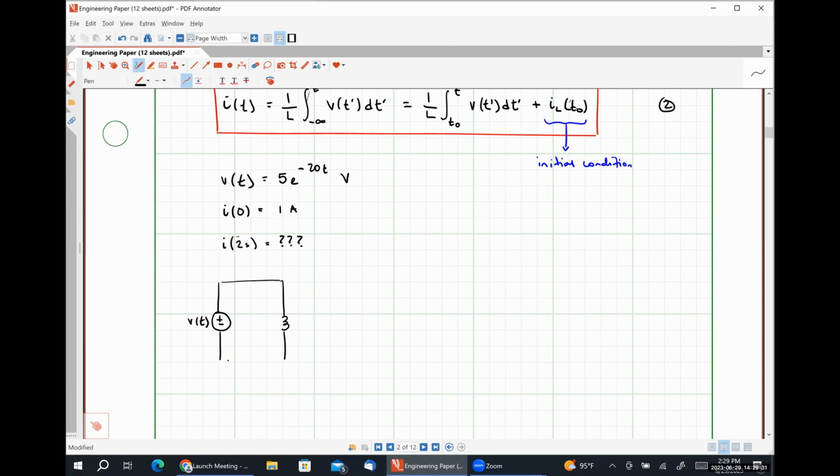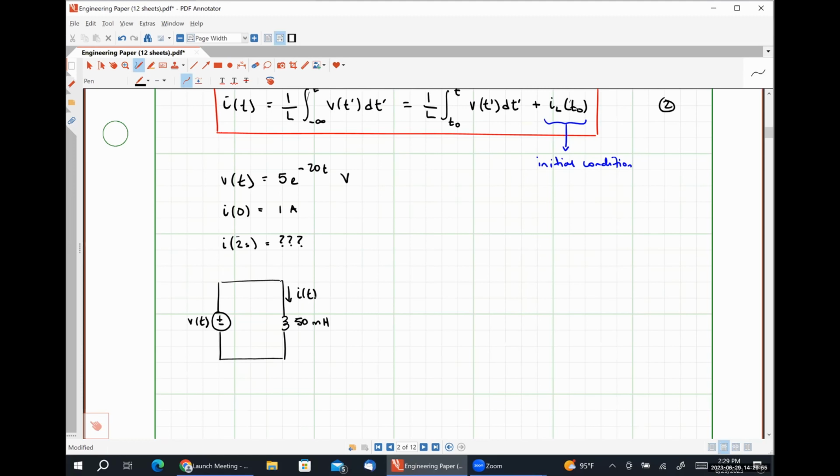Here is our inductor. Let's make this inductor 50 millihenries for this problem. And we are trying to figure out what's going on with our inductor current at some specific point in time.